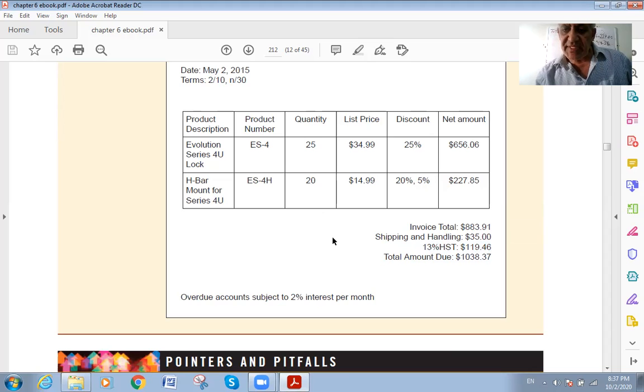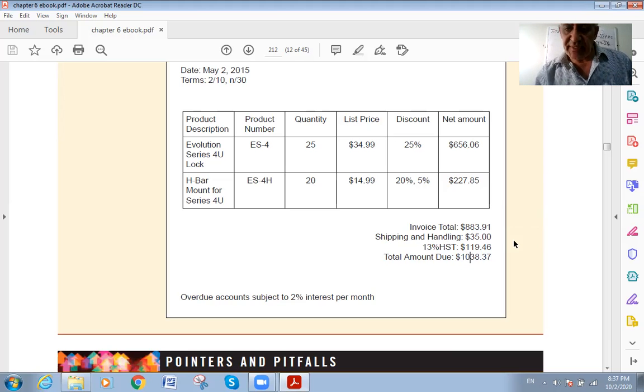Then this is the amount due when you add the invoice total, the shipping cost and the HST together. When you add them together, it will give you 1038.37, like you see here.